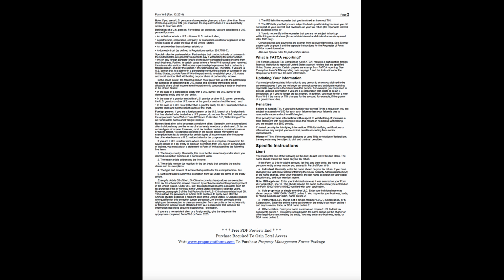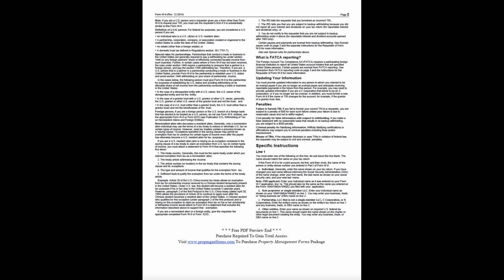Specific instructions. Line 1. You must enter one of the following on this line, do not leave this line blank. The name should match the name on your tax return. If this Form W-9 is for a joint account, list first, and then circle, the name of the person or entity whose number you entered in Part I of Form W-9. A. Individual. Generally, enter the name shown on your tax return.